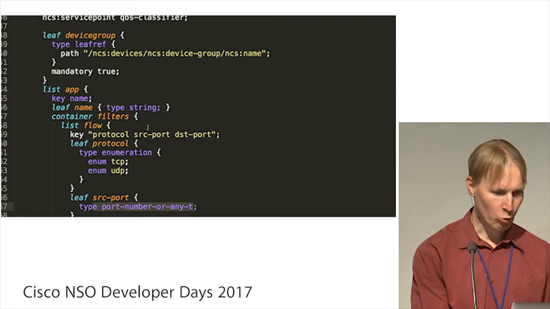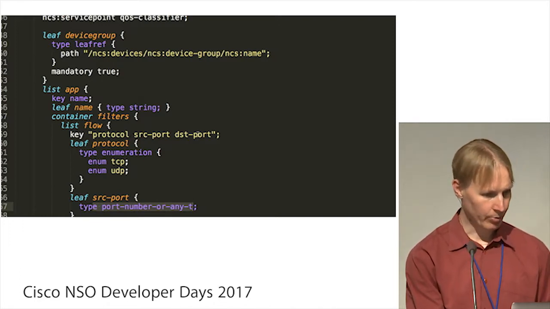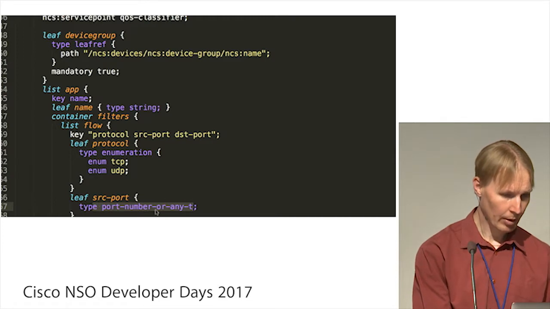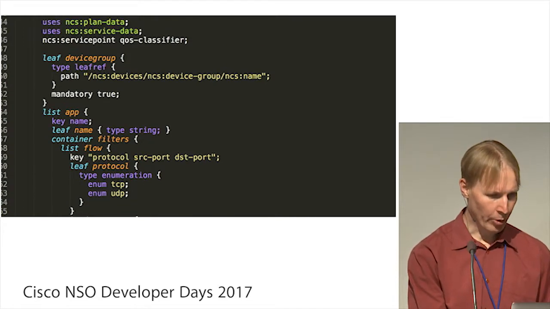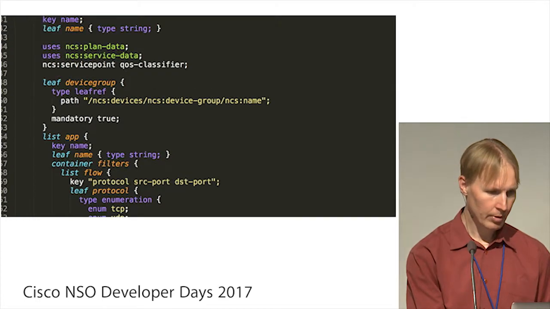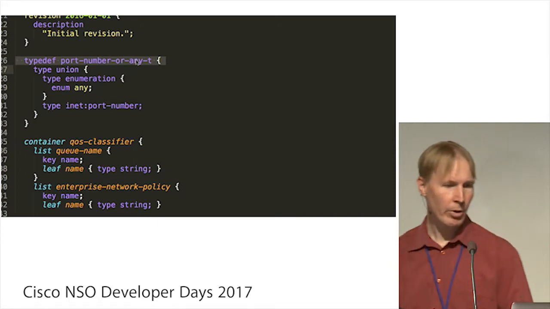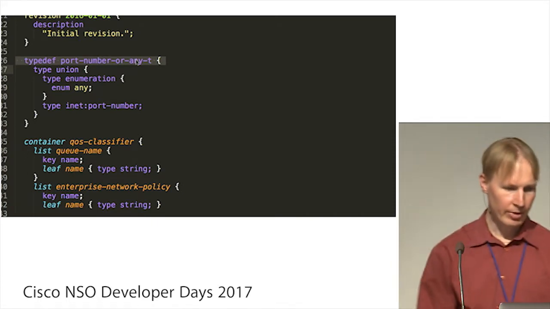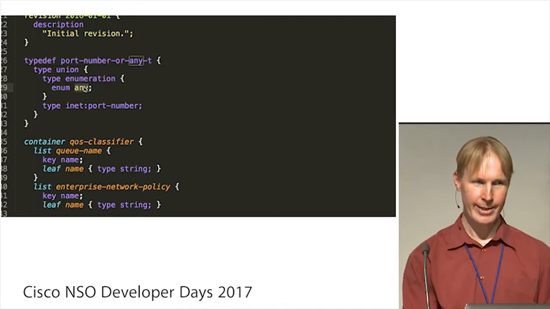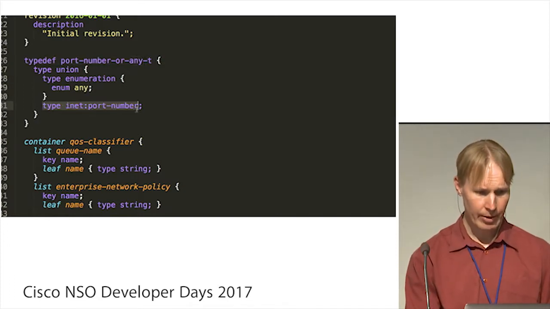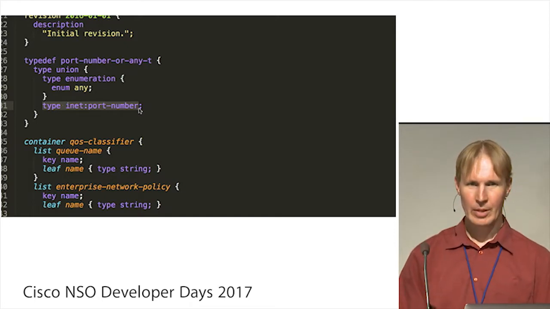So we key these rules off by source port and destination port, but they can potentially be any. The definition of this port number or any type was up here. I just scrolled past it. So port-number-or-any-type is a union of an enumeration with a single value, the word any, or an ietf-inet port number. Does that make sense?